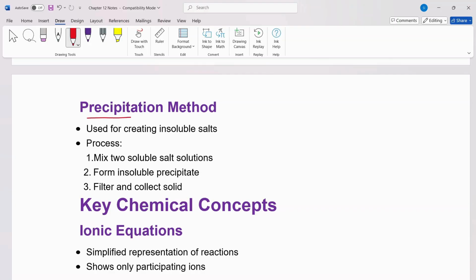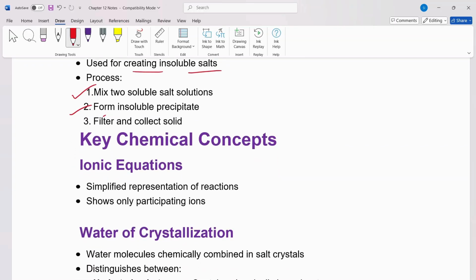Next is the precipitation method. It is used for creating insoluble salts. The process is: mix two soluble salt solutions, form an insoluble precipitate, and then filter and collect the solid. Key chemical concept: ionic equations, a simplified representation of reactions, showing only participating ions.